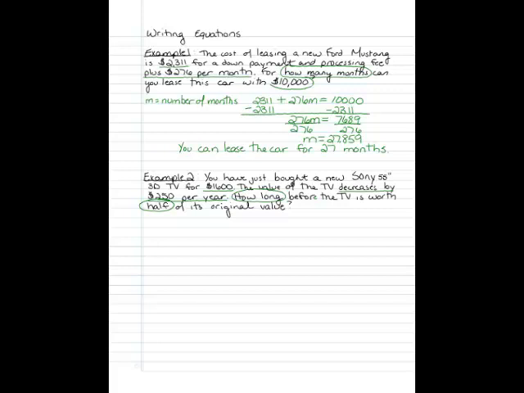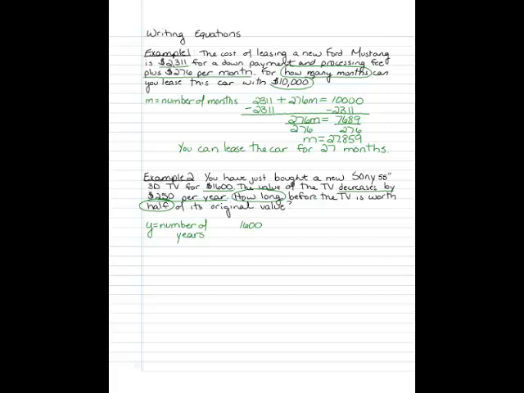Alright, so the unknown is the amount of time. So I'm just going to let y equal the number of years that you've owned the TV. And let's see if we can put together an equation. The starting value was $1,600.